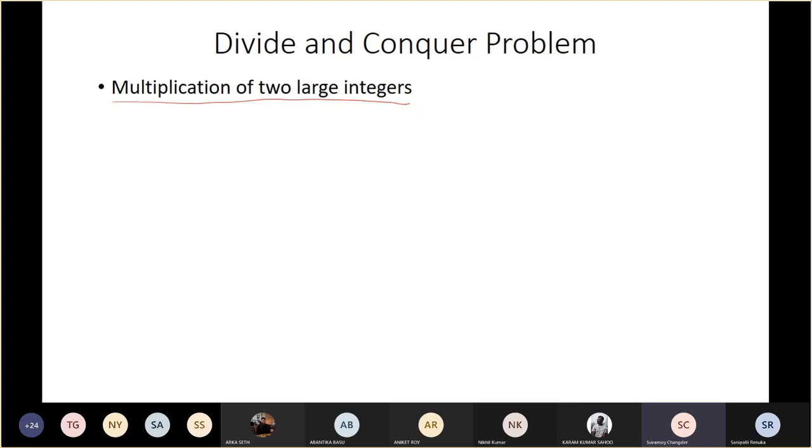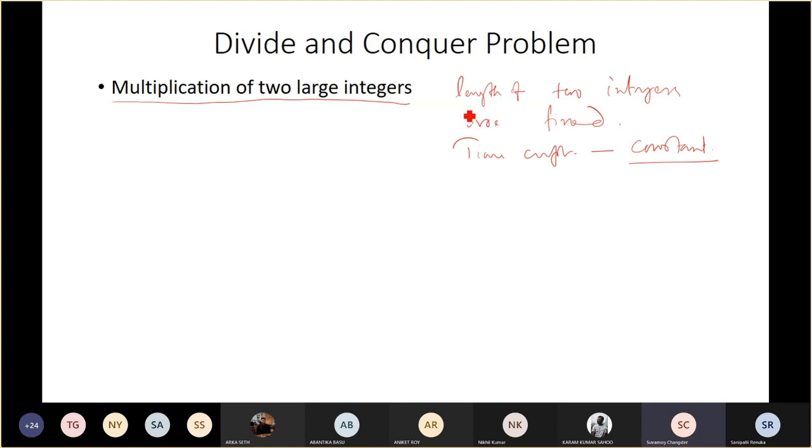If there are small integers, we will not bother because these are constant. If the length of two integers are fixed, then the time complexity to multiply these two integers is constant or fixed, we can say. Okay, right?